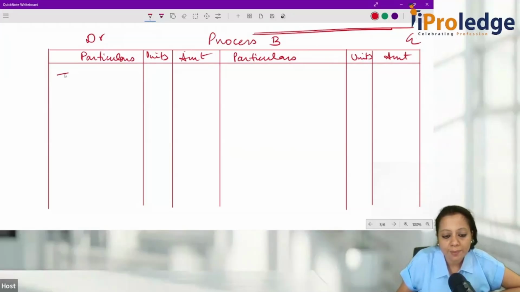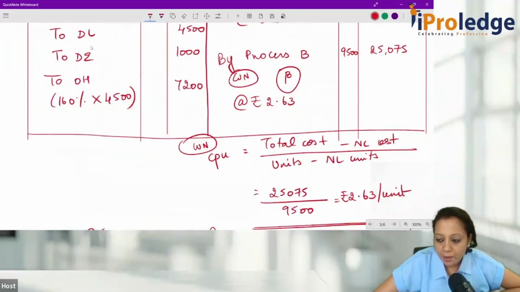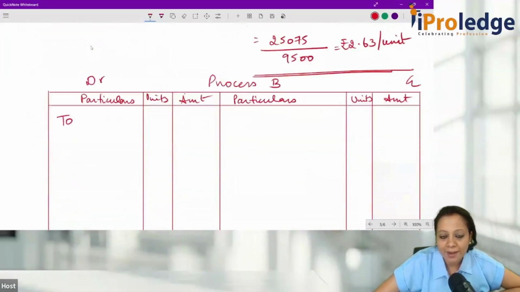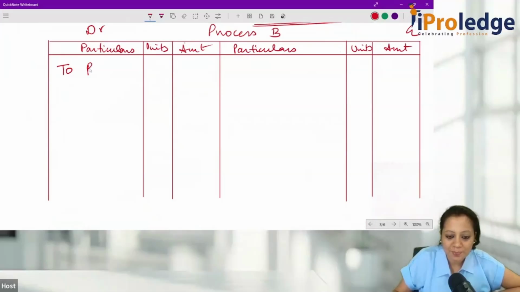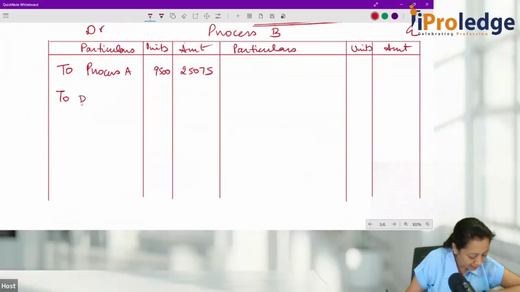So here we will have to process A, how much was it? 9,500 and 25,075. Then we have direct material, that is 1,500.